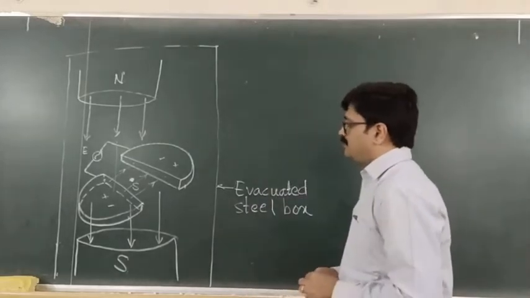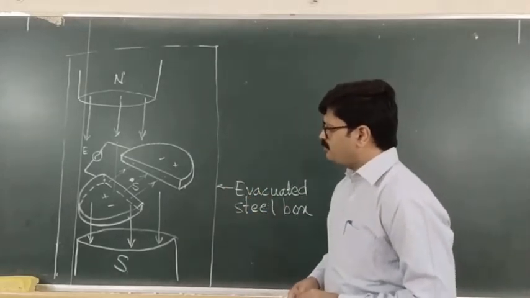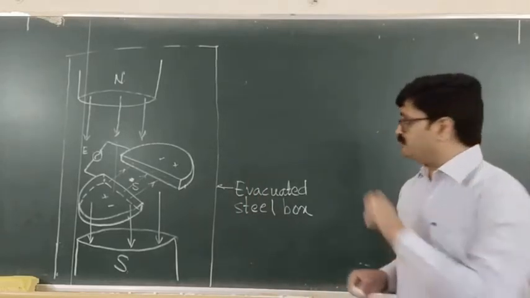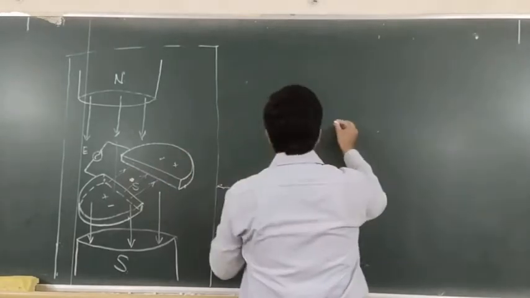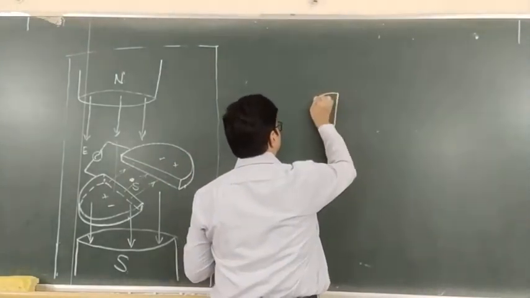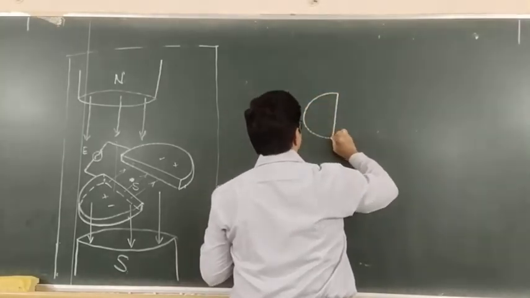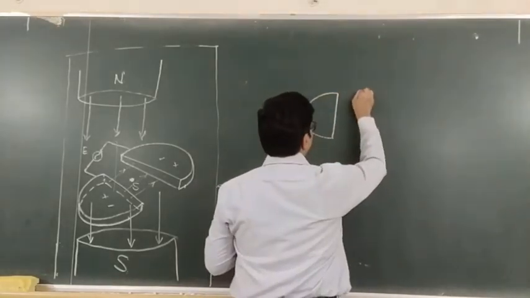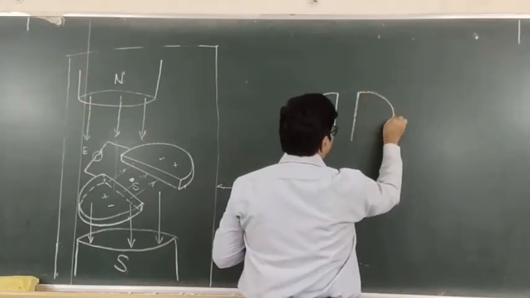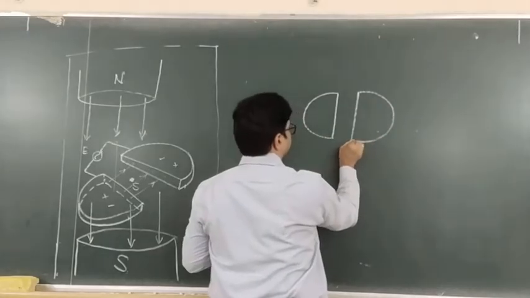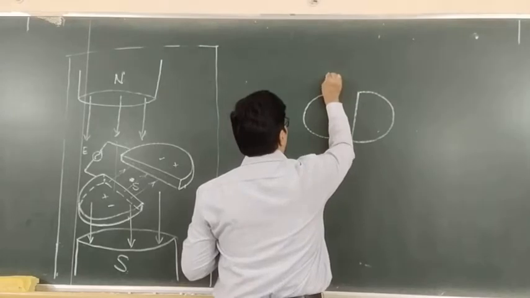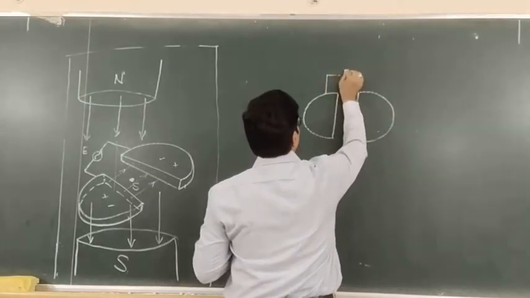Fine. So for explanation purposes, I will make use of one more simplified diagram here. I will take the front view of these two D's, placed like this. Now here I will show the alternating electric field source like this.